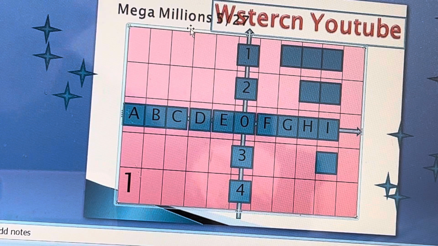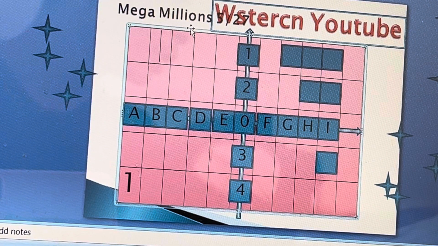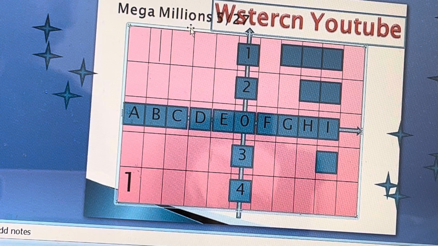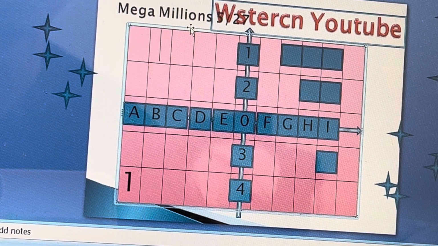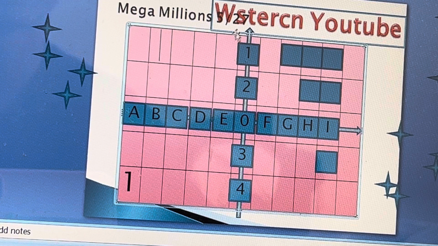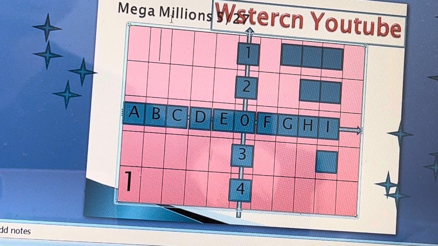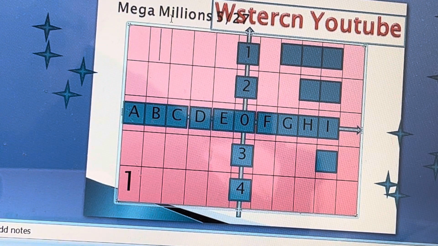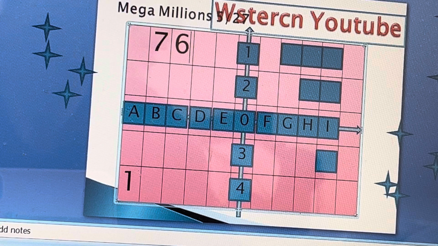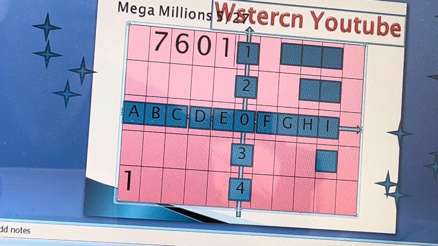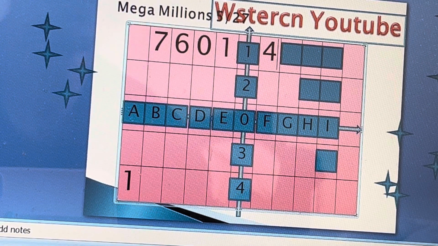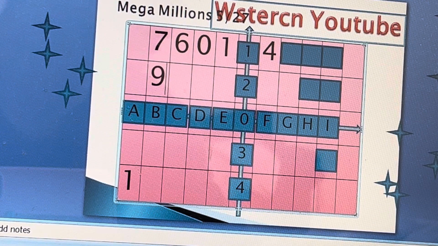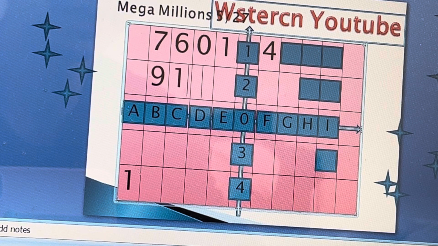So with that being said, in order to have the Dster 34 in your matrix, you need to write Dster. So the Dster that has Dster 34, 7, 6, 0, 1, 4. I didn't do the code after the Dster 34. I didn't do the code for last night's Mega Man drawing.